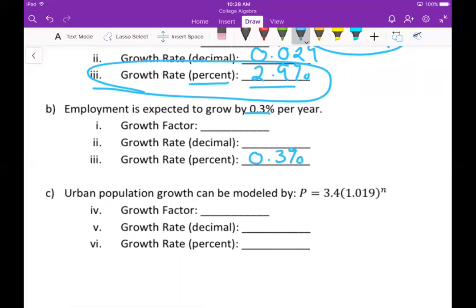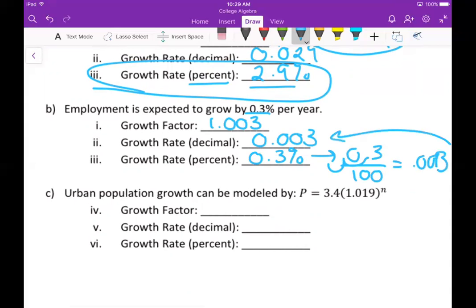Just make sure you do in fact change that to a decimal before you add 1 to it to get to the growth factor. So that is 0.003 as the decimal. Adding 1 to that, we get 1.003 as our growth factor. Always take this percentage, just as a reminder, and divide it by 100 or move that decimal place twice to get to the decimal form here.